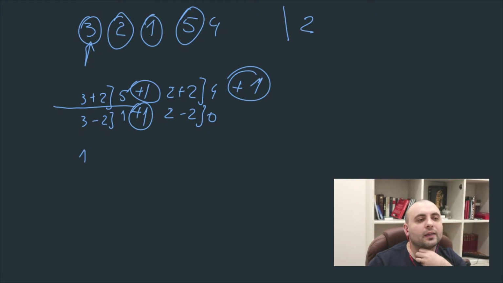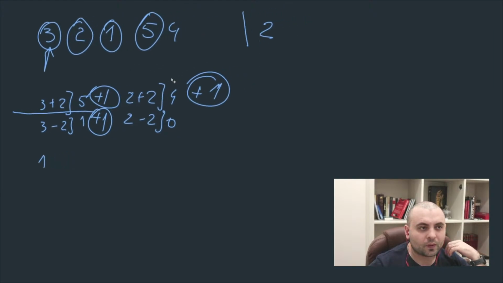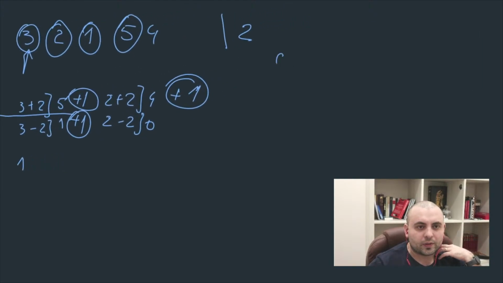Let me think. So assuming we've got the following algorithm. We've got our set with values 3, 2, 1, 5, and 4. We've got the first item from our vector, 3. Then we've got the complements. In our case, it will be 1 and 5.